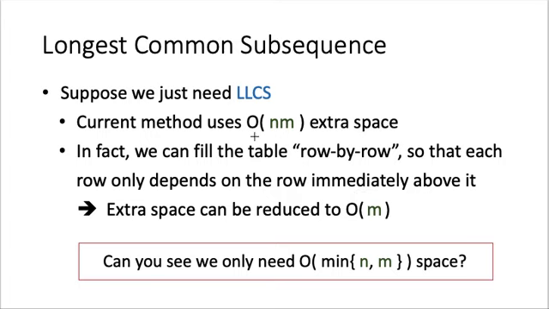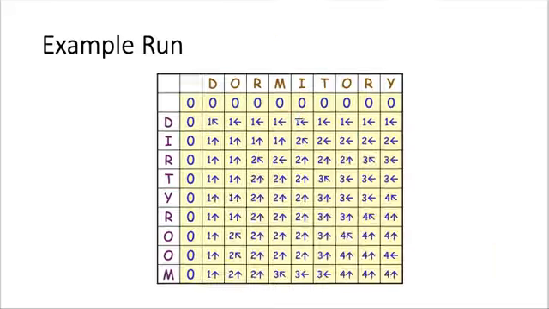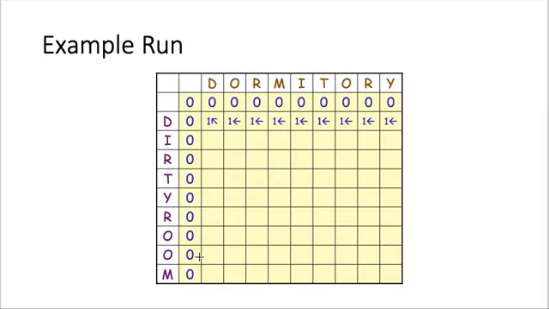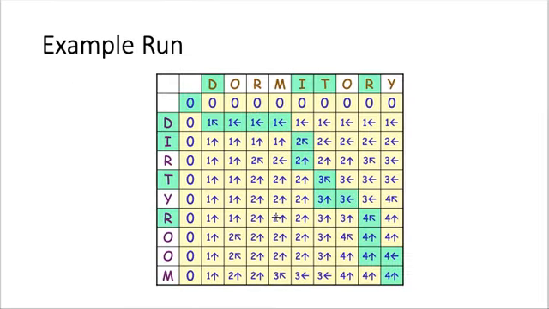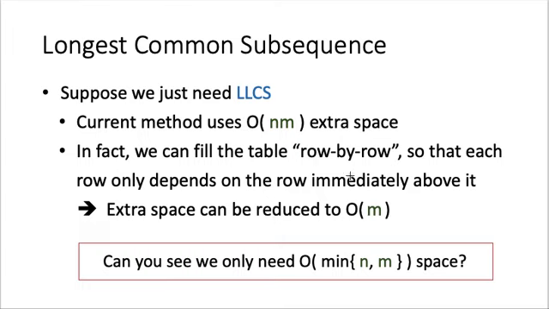In the current method, we have constructed a very large table of N times M entries to begin with, and then fill in the values one by one, row by row. But when we fill a certain row, it only depends on the row immediately above it.